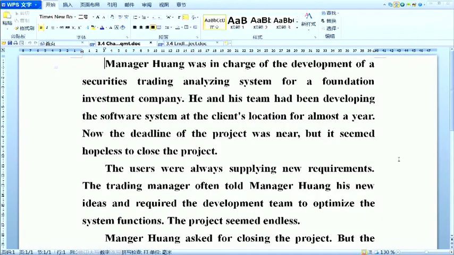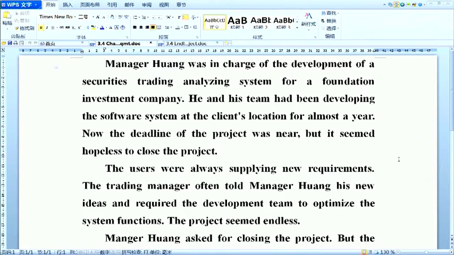Okay, so let's take a case. Manager Huang is in charge of the development of a securities trading analyzing system for a foundation investment company. He and his team have been developing the software system at the client's location for almost a year.